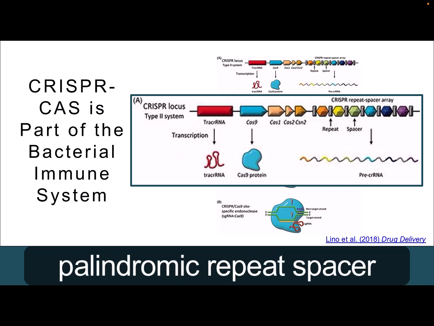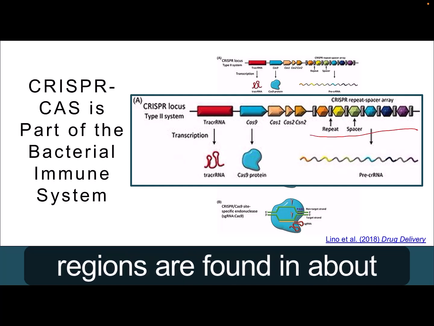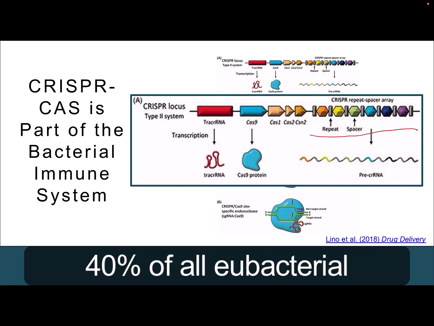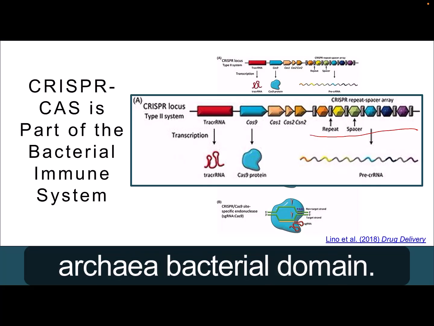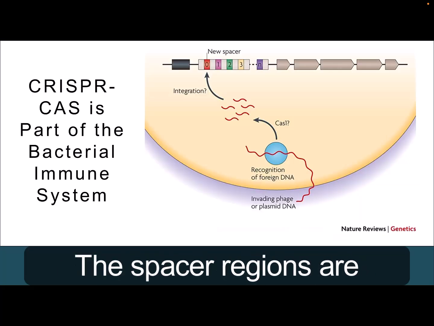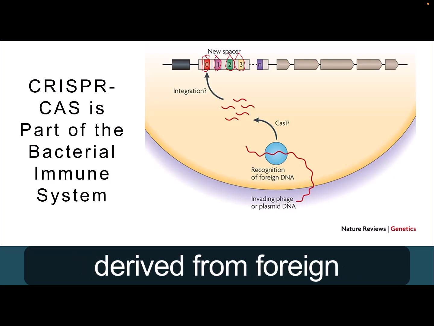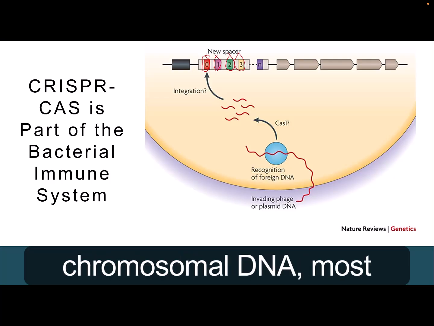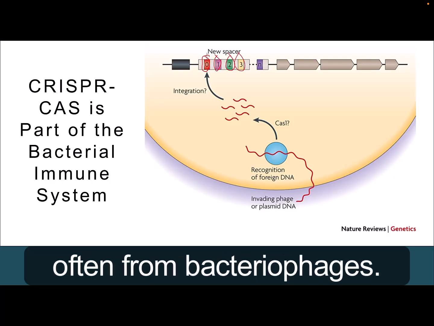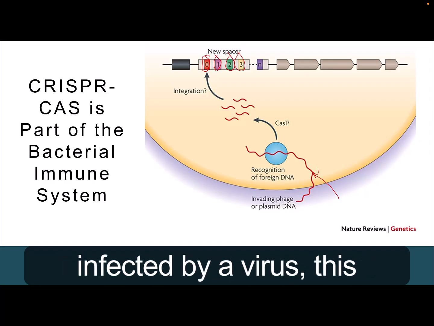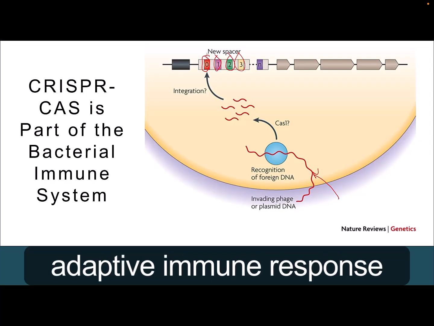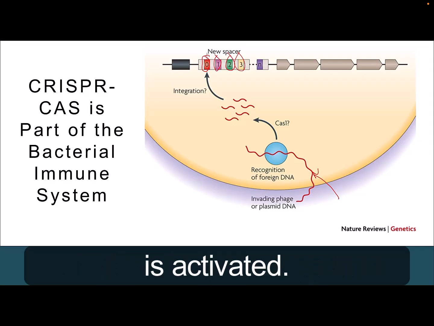These palindromic repeat spacer regions are found in about 40% of all eubacterial species and 90% of the archaebacterial domain. The spacer regions are derived from foreign chromosomal DNA, most often from bacteriophages. Thus, when a bacterium is infected by a virus, this adaptive immune response is activated.